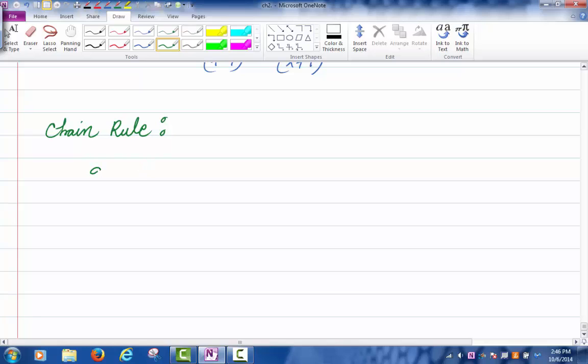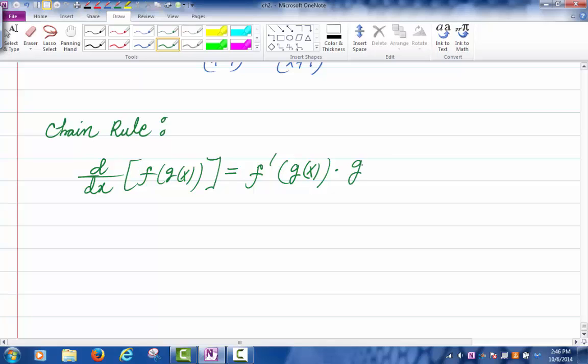If you take the derivative with respect to x of f of g of x, what you end up with is the derivative of the outside function evaluated at the inside, multiplied by the derivative of the inside.